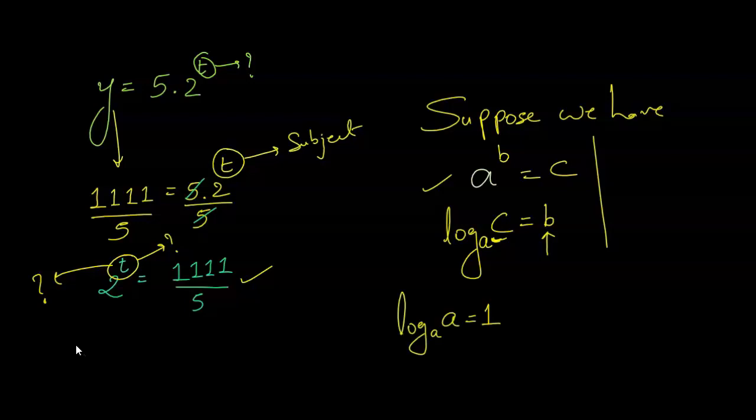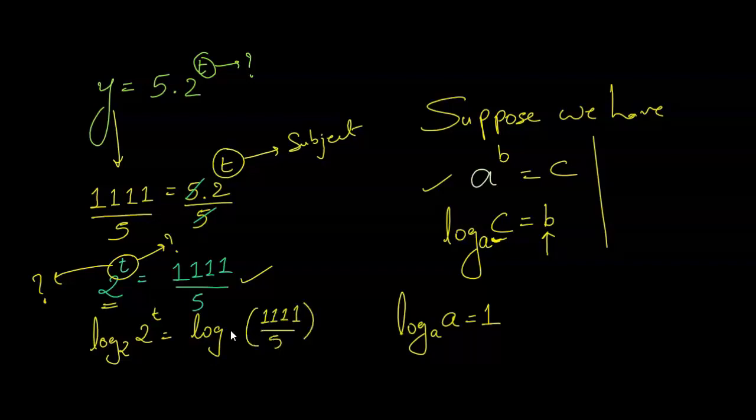Now let us apply log on both the sides, but I'll be taking the base 2. In place of a, I'll be taking the base 2. Log of 2 raised to power t to the base 2 equals log of 1111 divided by 5 to the base 2 over here.